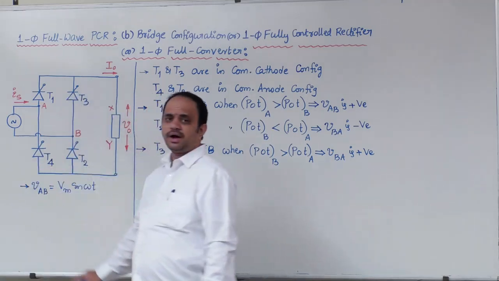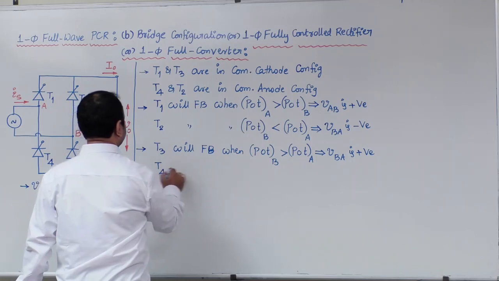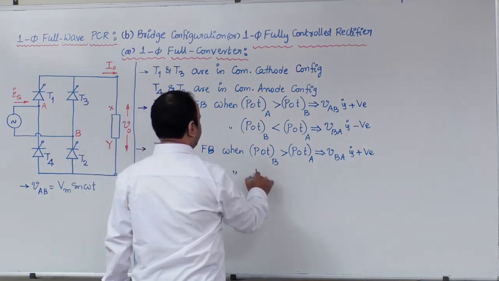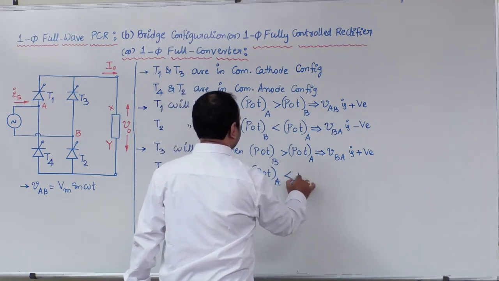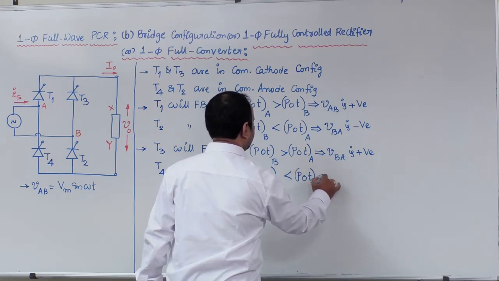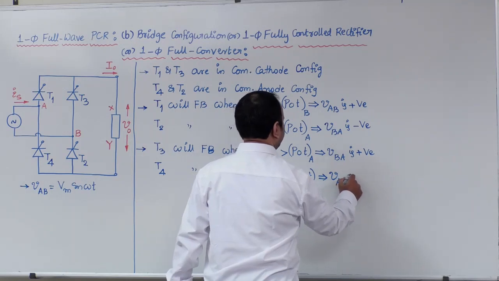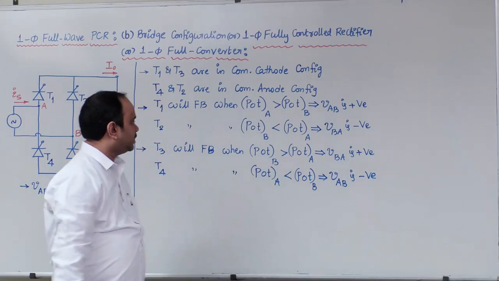Now, in the lower half, T4 is in common anode configuration. Hence, we can write T4 will forward bias when potential at A is less than potential at B. So, this means VAB is negative.